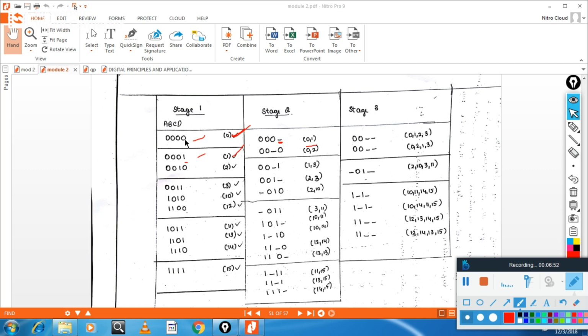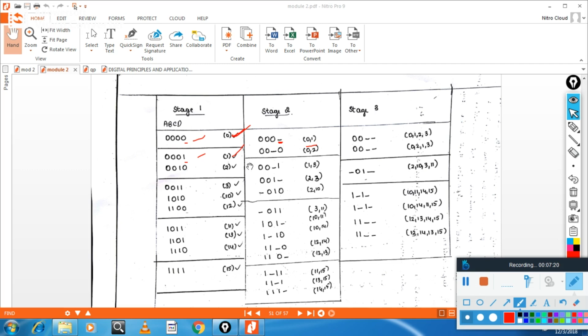Now compare this and this, once again 0 and 2. Now compare this and this, no chance, because you have written the number of ones in increasing order. Here you can see 0, 0, and here 2 bits are changing. We need only 1 bit change, so that is not possible.